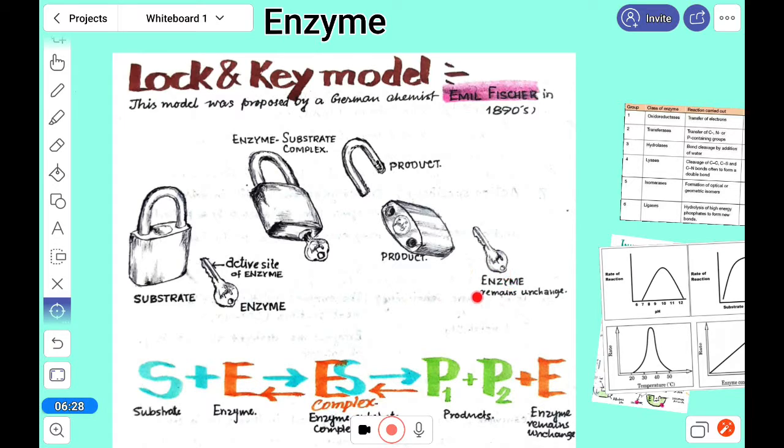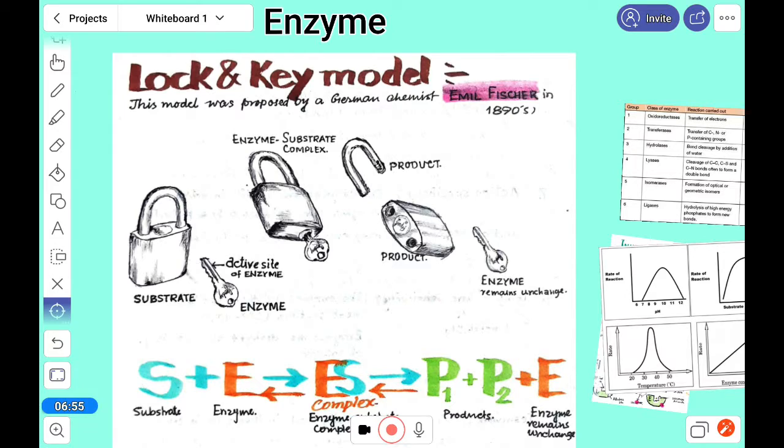Another similarity: again we can lock it with the same key, so it reverses. In the case of an enzyme also, the same: enzyme, enzyme-substrate complex, and the products.